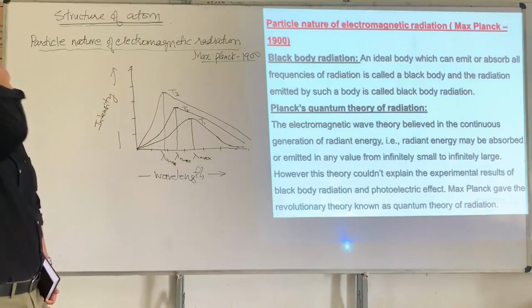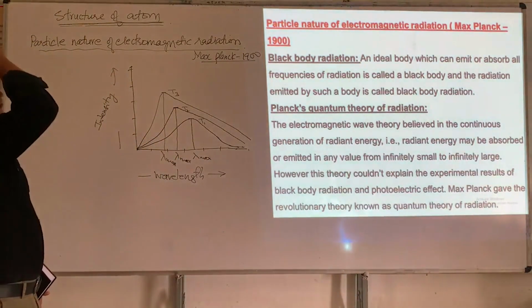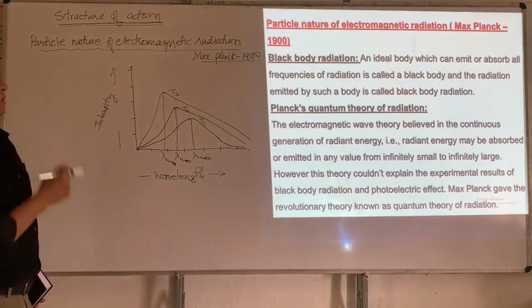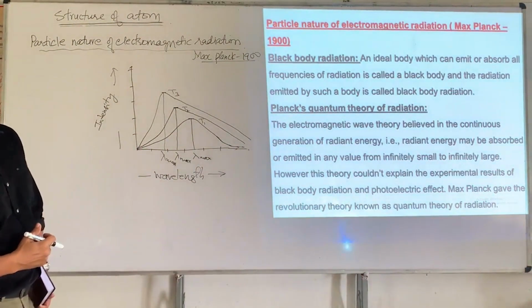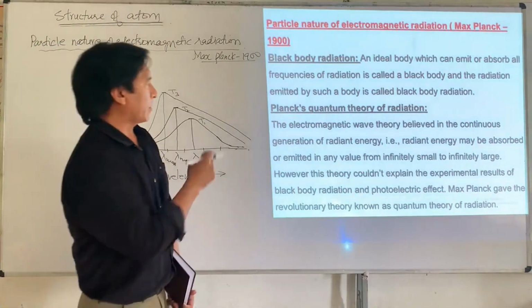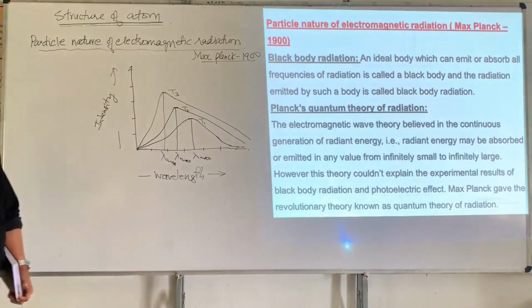So in order to get rid of this confusion or problem, Max Planck in 1900 came up with a revolutionary theory called Planck's quantum theory of radiation.